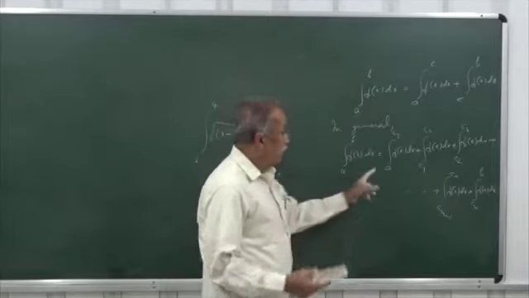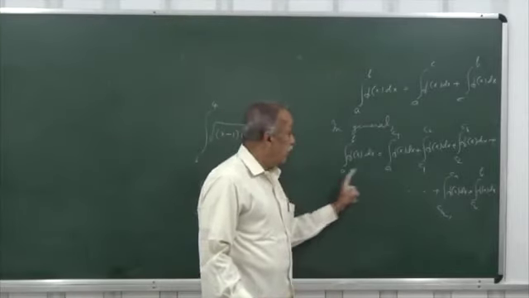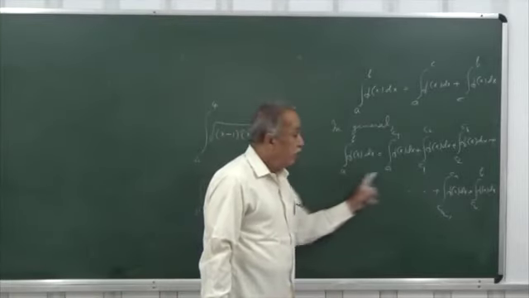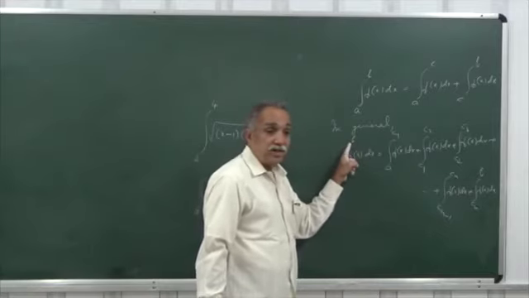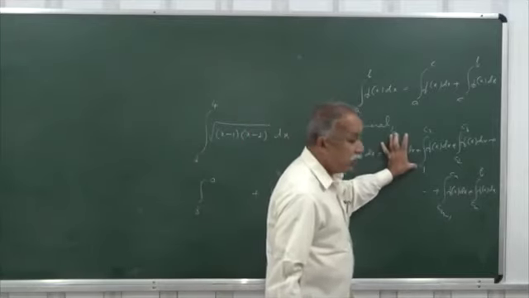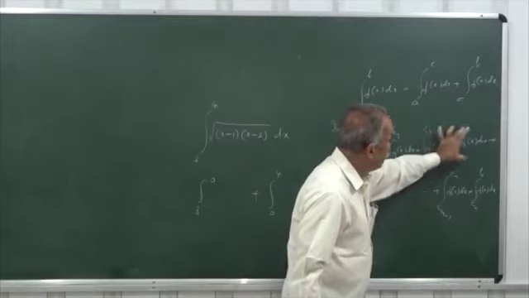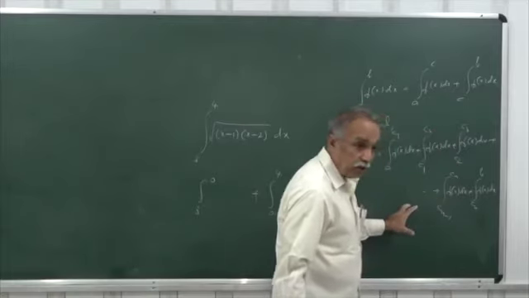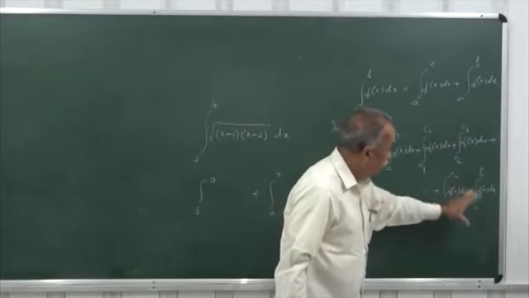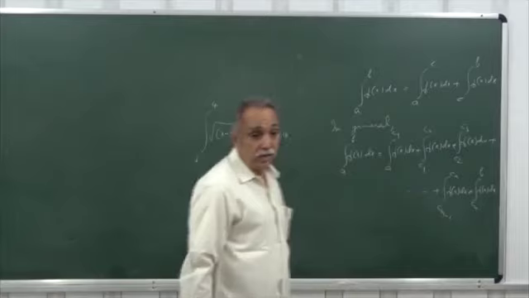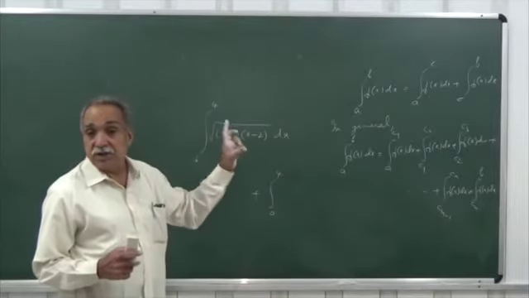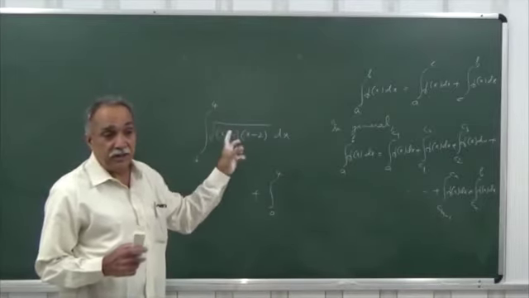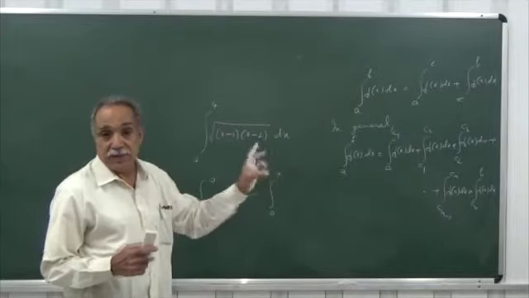The only requirement is that for the first integral, the lower limit is the same as this lower limit. For the final integral, the upper limit will be the same as this upper limit. In between, the upper limit of one integral will be equal to the lower limit of the next integral, and so on. Again, the condition is that in each of the intervals, the function must be integrable. Then only this expansion applies.